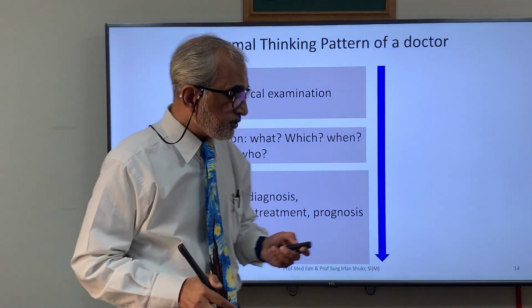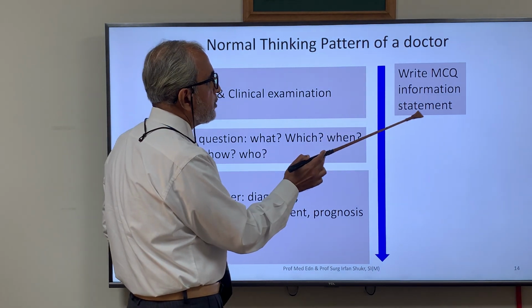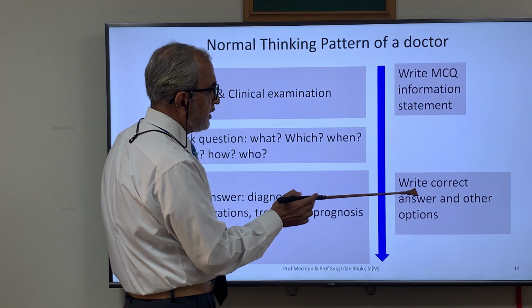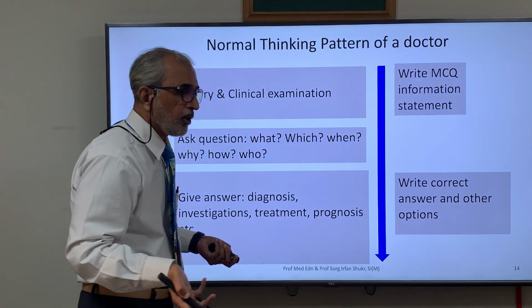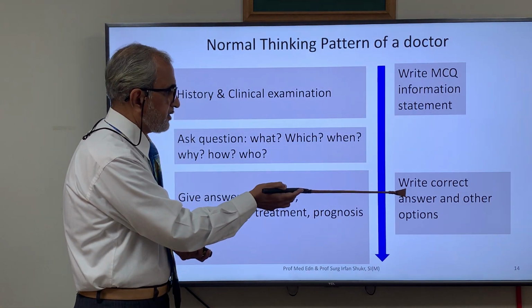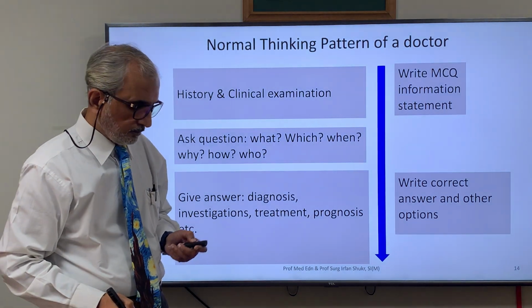Therefore, while writing an MCQ, what they do is they write the MCQ information statement, then write the correct answer, and then write the other options. So they write the stem, the correct answer option, and then the other options.